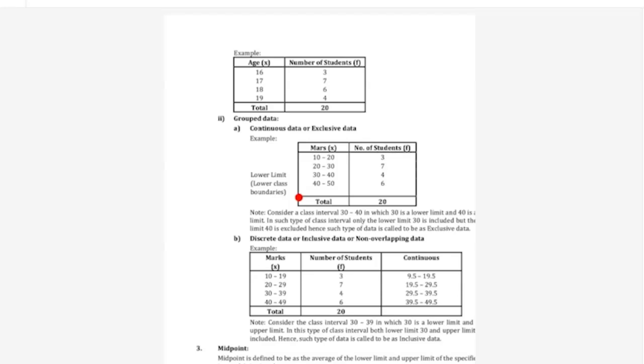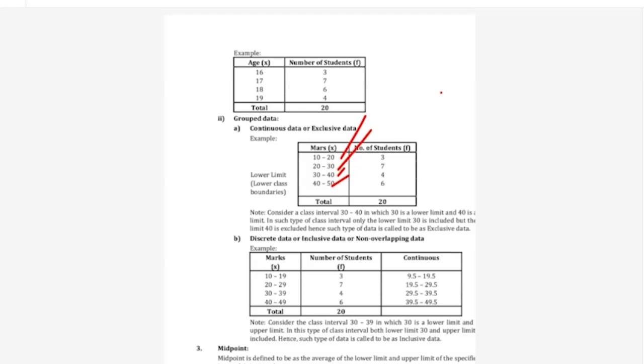or they are called the lower class boundaries. Whereas for each of the class intervals, you can see that there are maximum values like 20, 30, 40, 50.